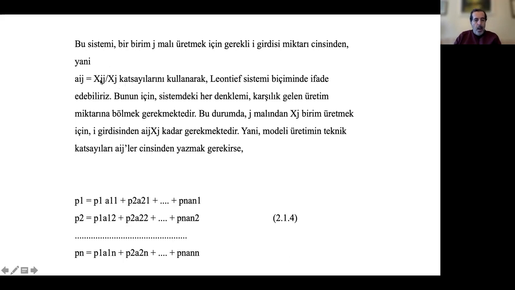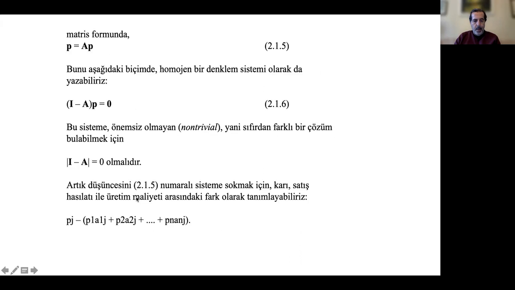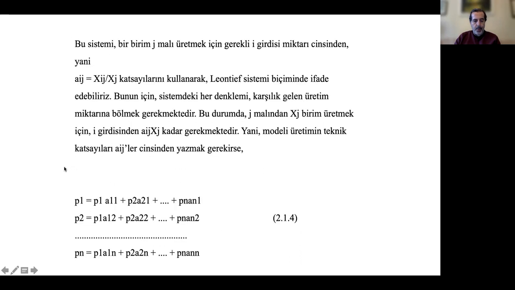So if you want to produce the quantity Xj in any j sector, we need to use inputs that are produced in the ith sector. These technical coefficients of production create an n-by-n matrix.